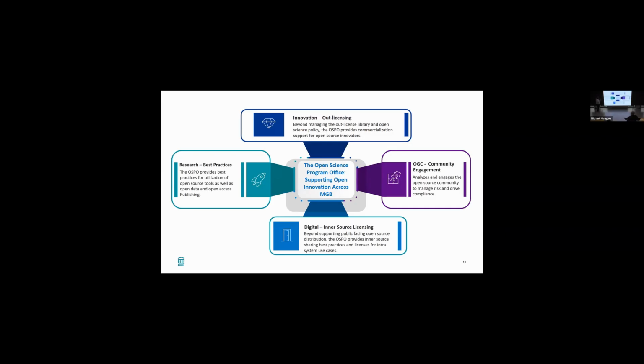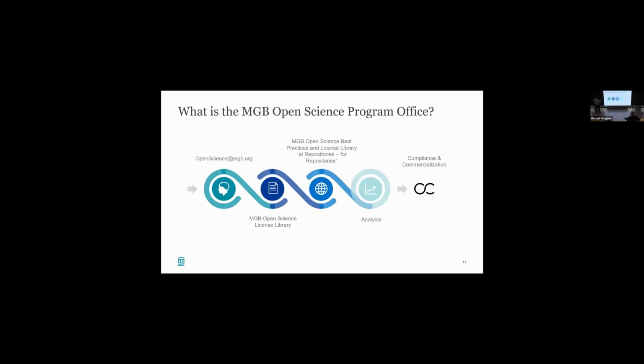We tried to provide value to our core area, which is innovation in the quote unquote TTO, developing research best practices; to our legal OGC, who were really concerned with analyzing and proper licensing; and to our digital organization, which frankly was pretty anti-open source, but ended up coming back around when it came to inner source licensing. I'll talk more about that later, but I know I've got 2 minutes.